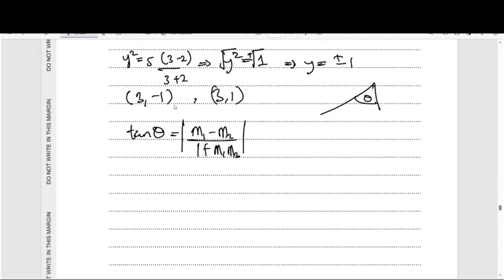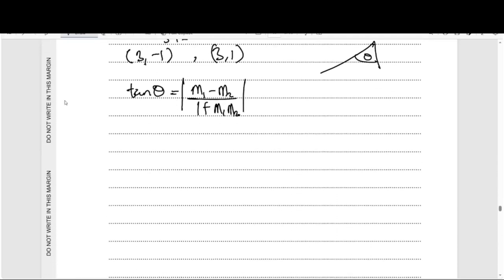So let's start. For m1, or the first gradient, m1 is equal to 2y, so that's going to be 2 times negative 1 over x squared minus 4. X is 3, so 3 squared minus 4. That gives us negative 2 over 5.